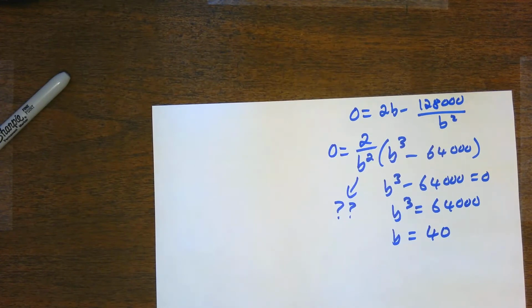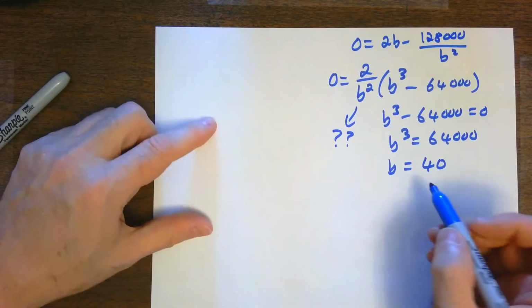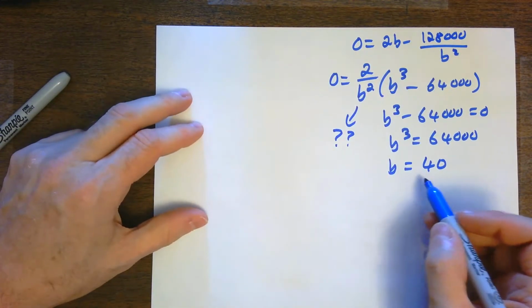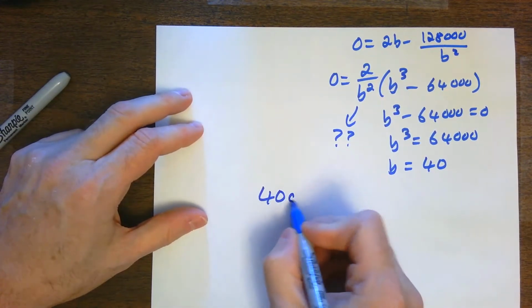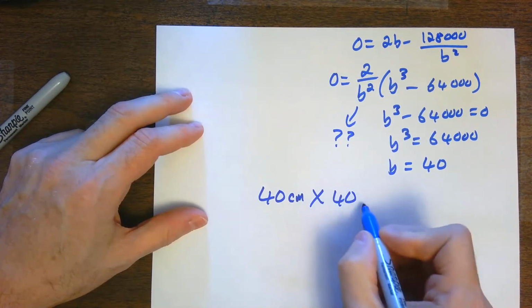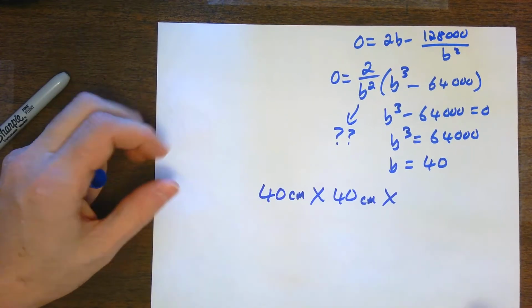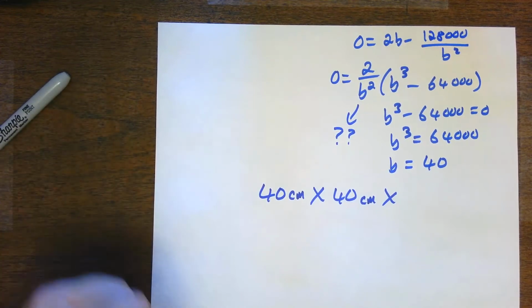All right. So remember, the problem asks us to find the dimensions. The base is a square, so it's going to be 40 centimeters by 40 centimeters by, what's the height? I had a formula for the height, didn't I?